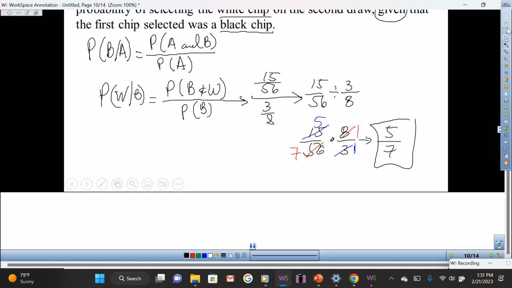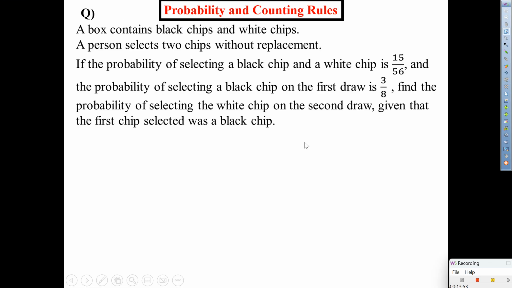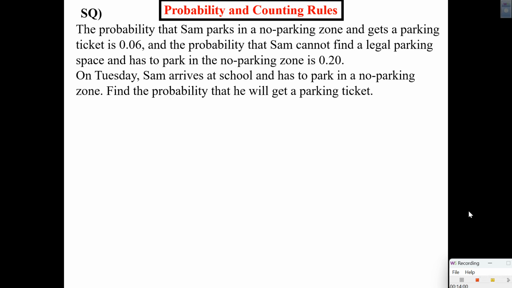All right, so that was a simple one. Let me give you one similar. See if you can do this one by yourself. But before that, send me your work. Example Super Q reads: the probability that Sam parks in a no parking zone and gets a parking ticket is 0.06, and the probability that Sam cannot find a legal parking space and has to park in a no parking zone is 0.2.